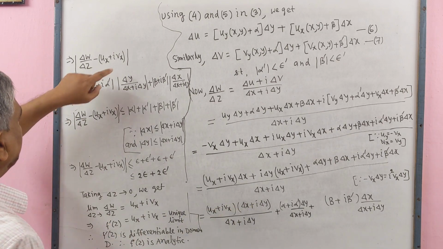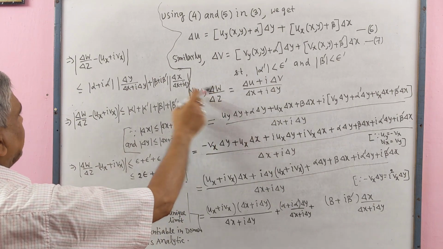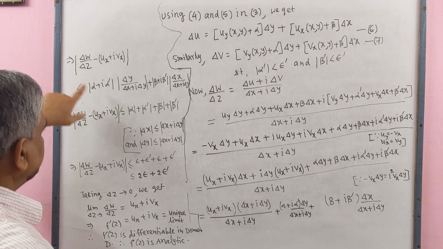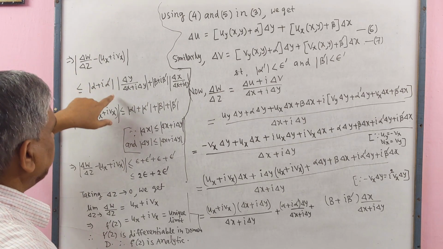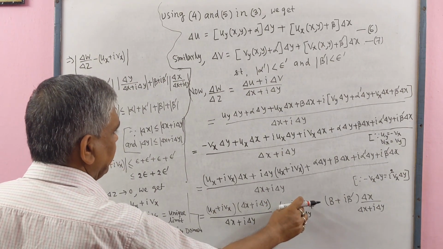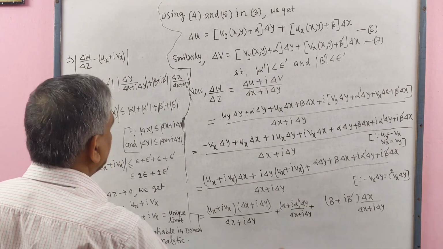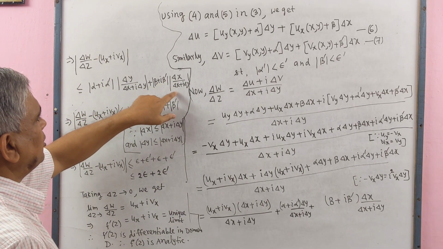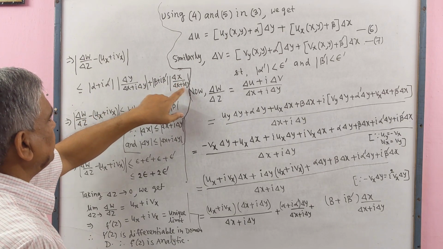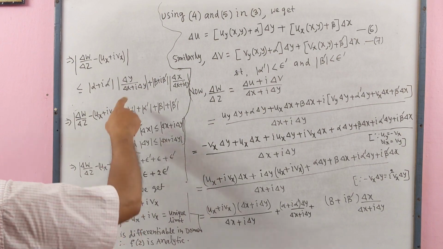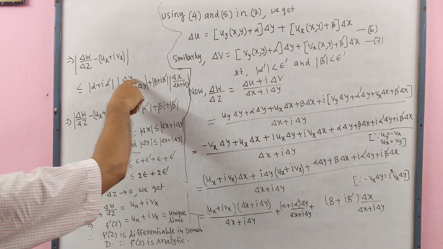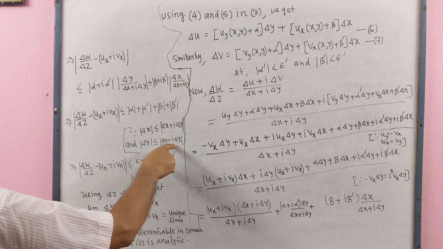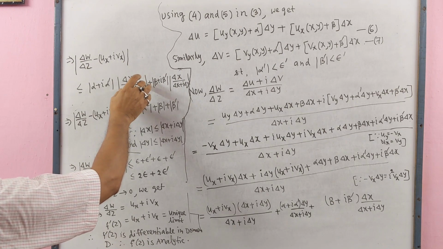So we take the left side, delta w by delta z minus (ux plus i vx), and take modulus on both sides. So we get modulus of (alpha plus i alpha') and modulus of delta y by delta x plus i delta y. Similarly, modulus of (beta plus i beta') and modulus of delta x by delta x plus i delta y. Since modulus of delta y is less than or equal to modulus of delta x plus i delta y, this ratio is less than 1.